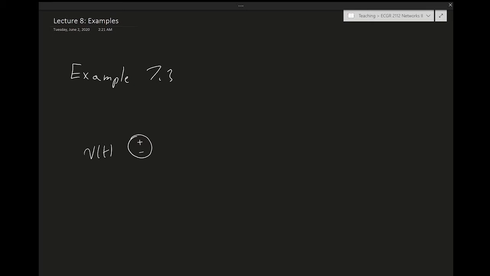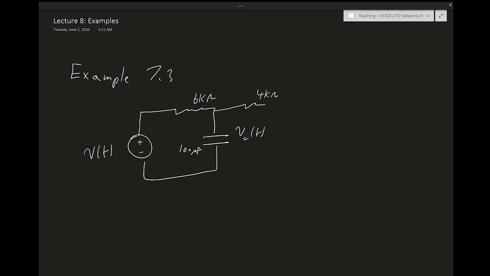We have a voltage input V of t going into a 6 kilo ohm resistor, going into a 100 microfarad capacitor. We have Vc of t across the capacitor, and then we have another resistor, 4 kilo ohms. Then we have an 8 kilo ohm resistor. And then we're solving for this voltage, VO of t.